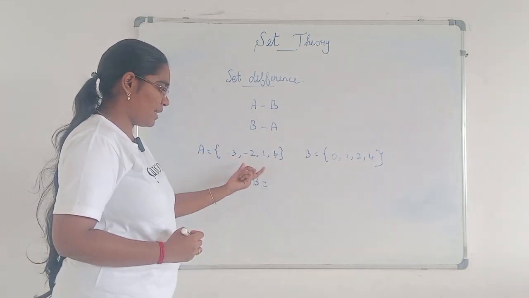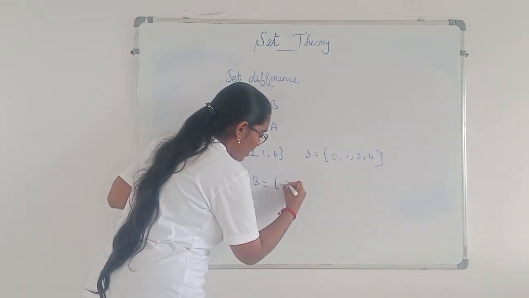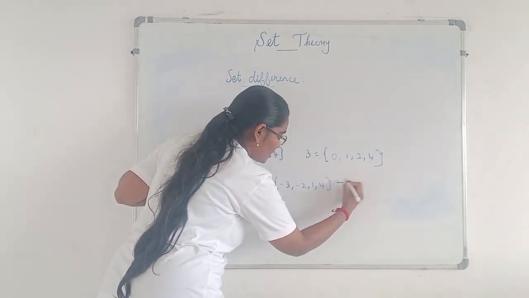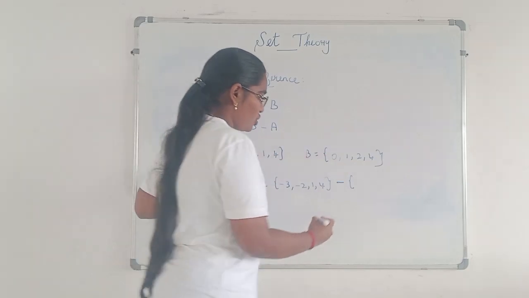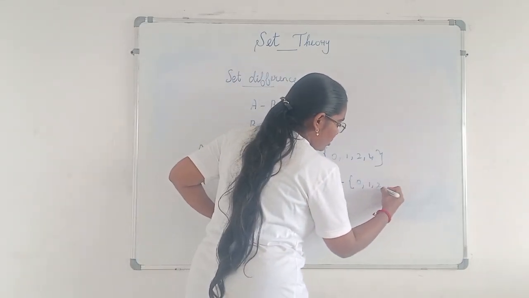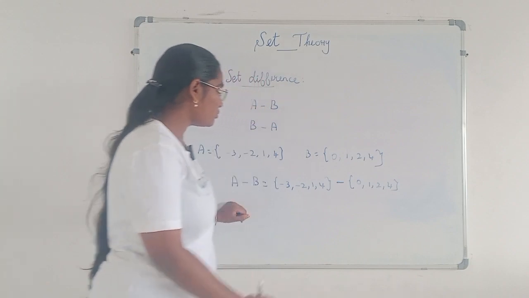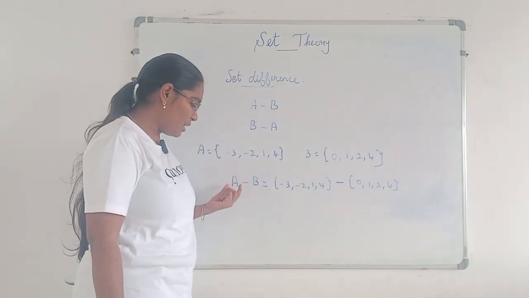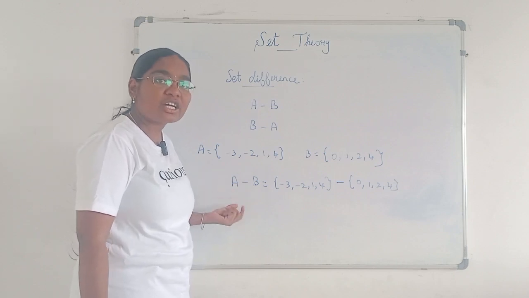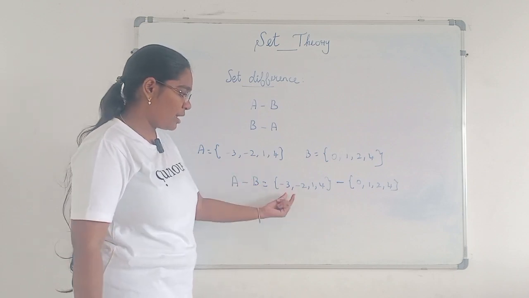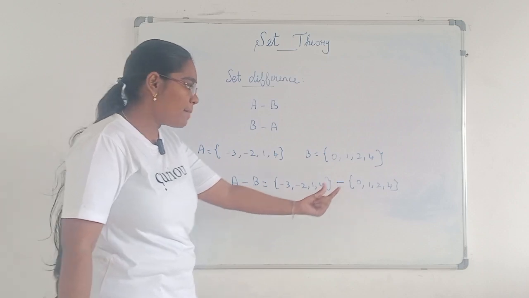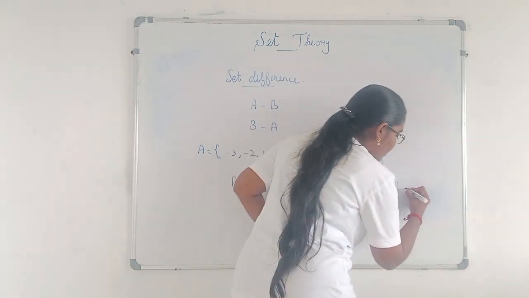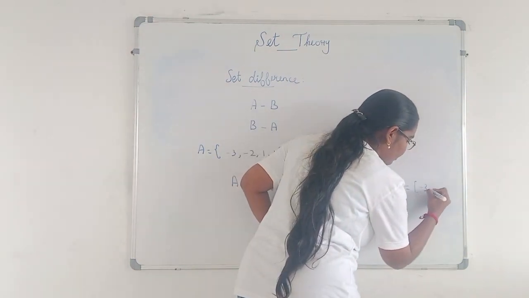Write this set A, -3, -2, 1, 4, difference B, 0, 1, 2, 4. The concept of A difference B is the element should be in A but not in B. Here -3 is in A but not in B, so you will write -3.